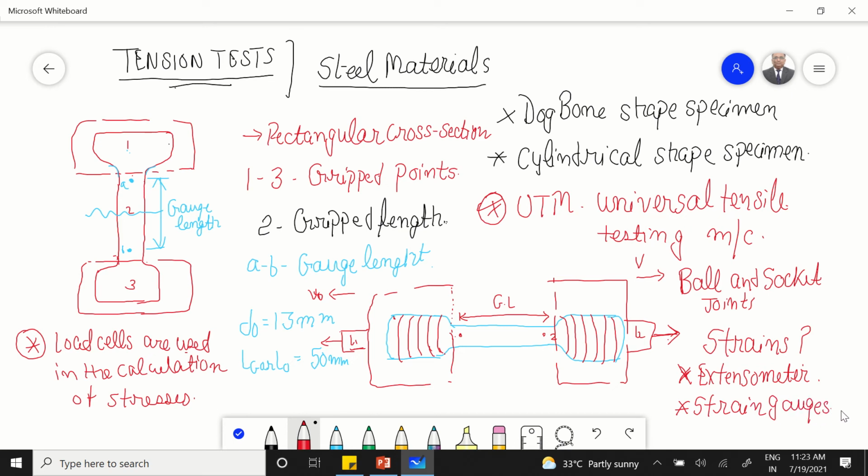Now first let us talk very briefly about the extensometer. An extensometer is normally an optical type, and there are electrical types of extensometer also.